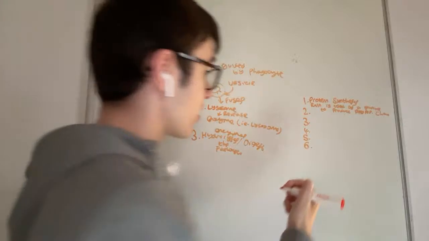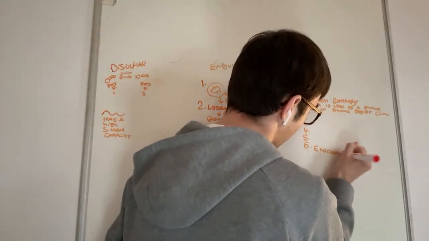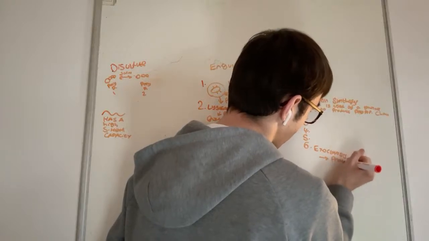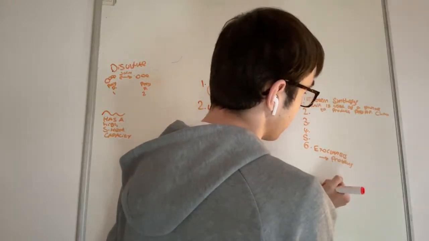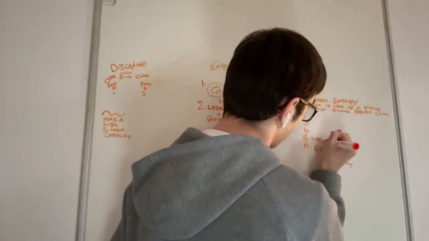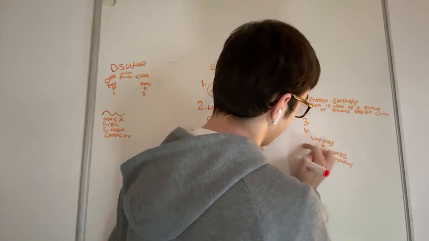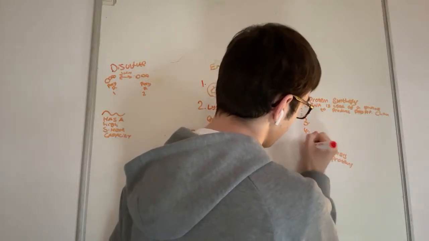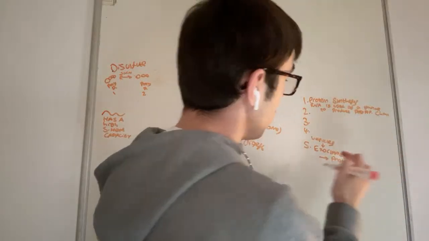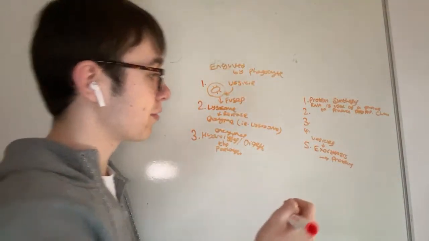Number 2, transport and release. Okay, well we can say exocytosis. That's how it's the release of proteins. We could talk about the obviously vesicles in the Golgi. That's how that works. So same point actually. Vesicles are used to transport the proteins. I guess you could say they fuse with the cell membrane, releasing the proteins.